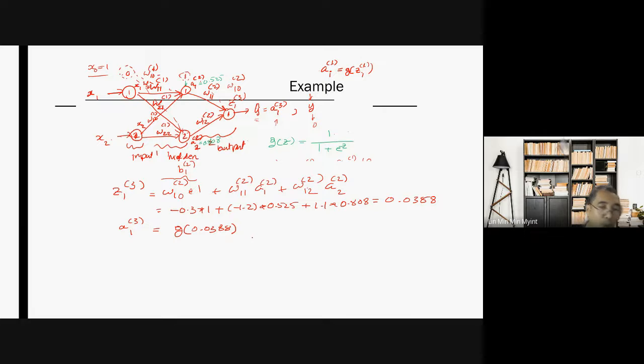And then it will be equal to 0.5097. So now we got the estimated output. And then we know that this is equal to 0. So we can calculate the error. This error E. Does this mean the error is A minus Y?